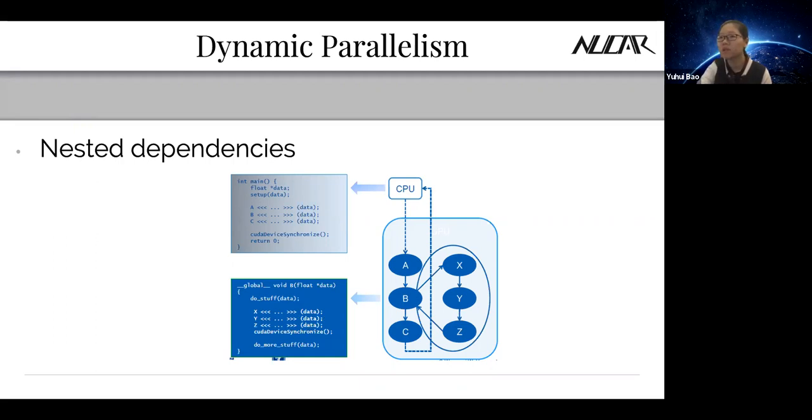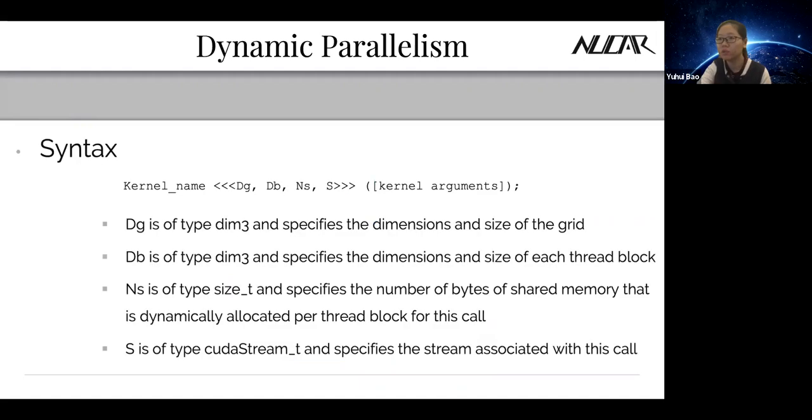The coding style is the same as before, so this syntax can happen inside another kernel implementation, still with the dimension of the grid, the block, the shared memory size, and the stream.